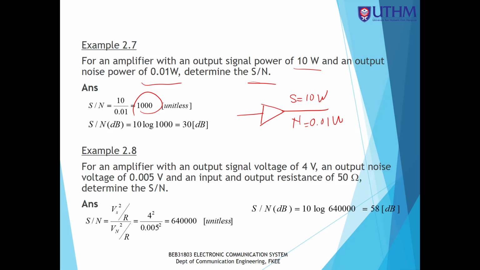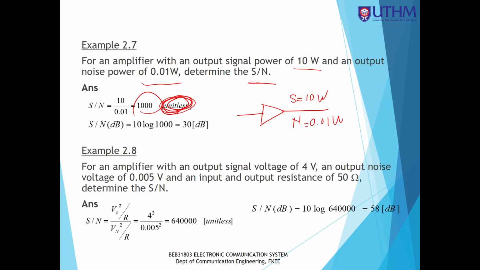No unit. Okay, so class, students, no need to write this one. No need to write unitless. Just write 1000 is enough. Because I saw some students write unitless in the exam.